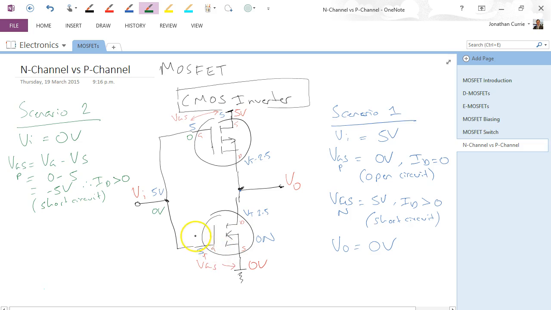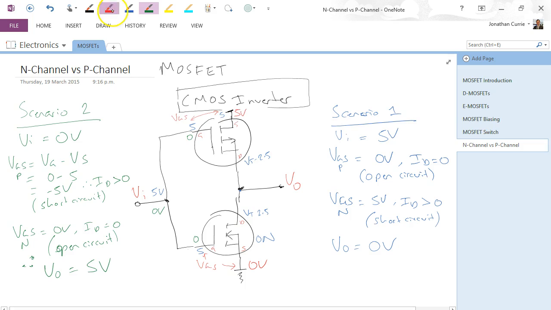Whereas we get our 0 down here, VGS for the N-channel is 0 minus 0, so 0 volts, ID equals 0, and that's an open circuit. So if we have an open circuit down to 0 volts, and a short circuit to 5 volts, therefore V0 is going to be equal to the 5 volts at the top of this example.